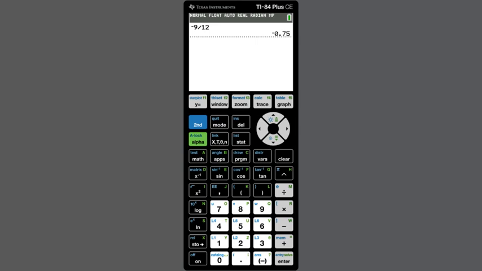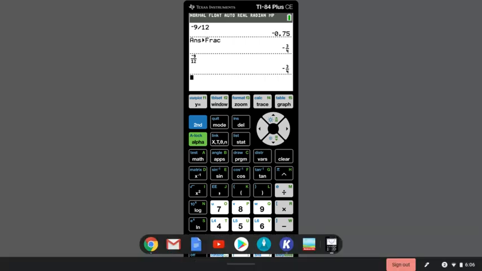Okay, I don't want a decimal. Now, I can make that into a fraction by hitting math, and then the first choice is frac. So I just hit enter, and it'll make it a fraction. I mean, that's totally fine. Me personally, I just really like to get in the habit of using the fraction button. So -9 over 12, and it reduces it to -3/4.